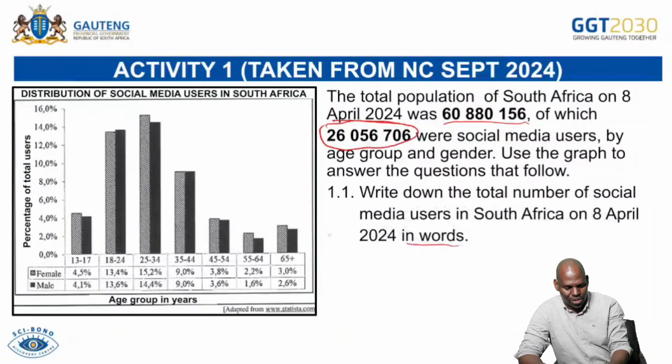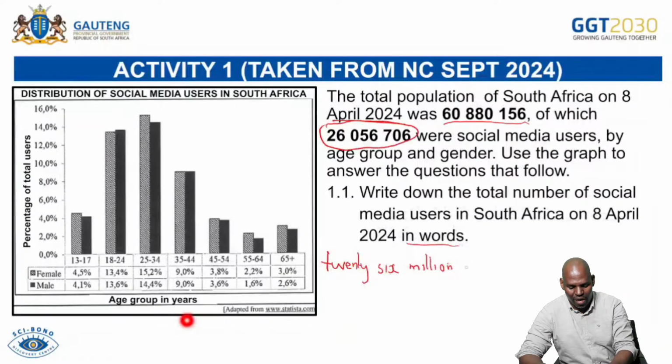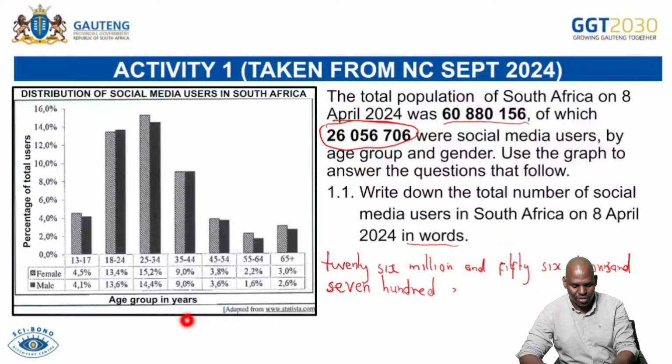Okay, so we write 26 million, everything in words. 26 million and 56,000, 700 and 6.